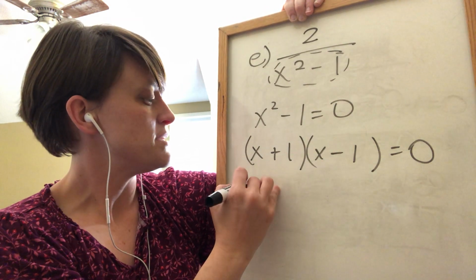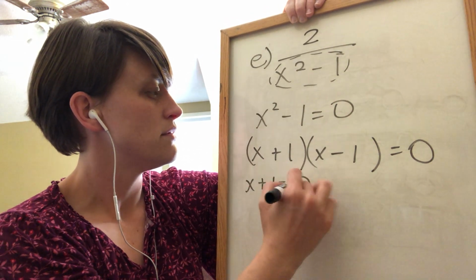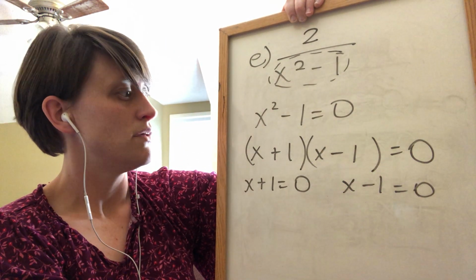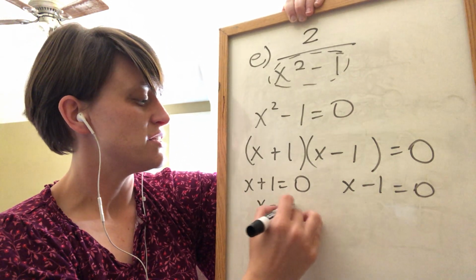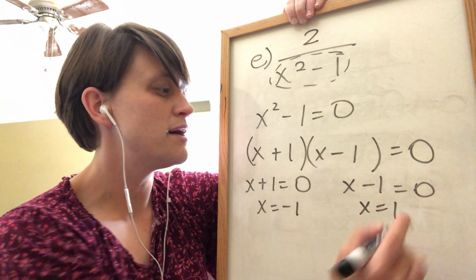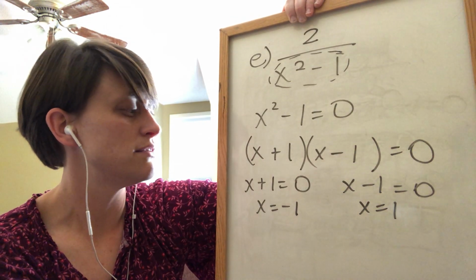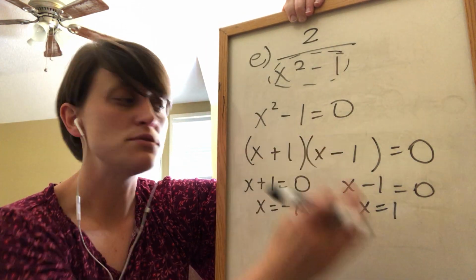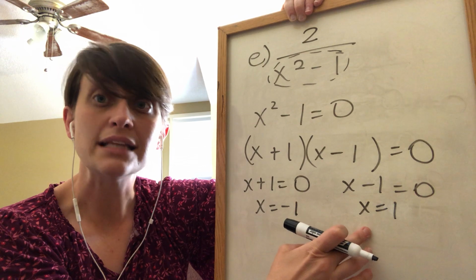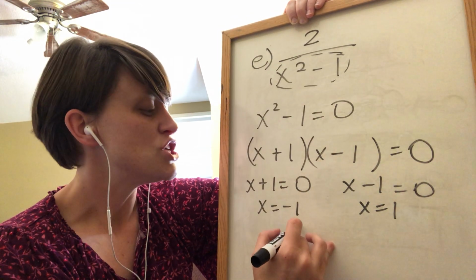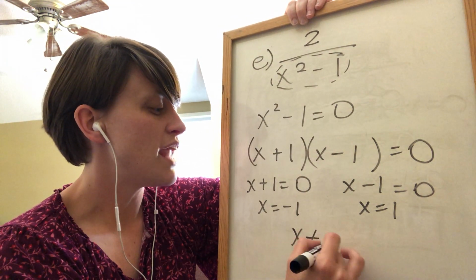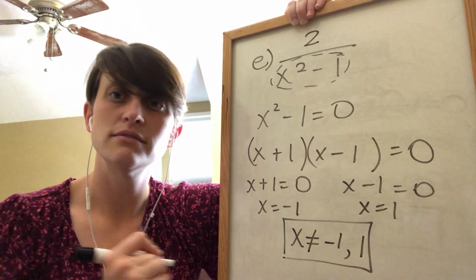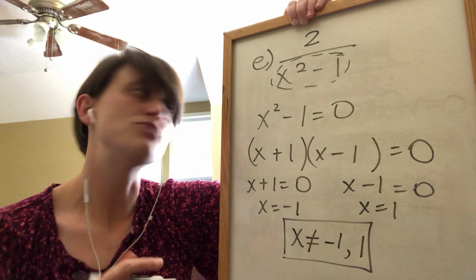Each one of these can be set equal to 0, and we solve each of the little equations. We get x equals -1 and x equals +1. So these are the two places where the denominator equals 0, the two places we're not allowed to substitute in for x up here. So our restrictions are that x does not equal -1, x does not equal +1. So we have two restrictions again.